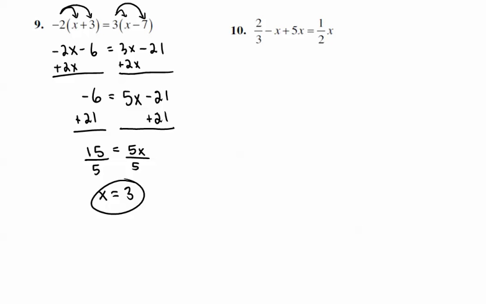But what will clear all the fractions out the first time is multiplying both sides by the least common denominator, which in this case is 6. So what I'm going to do then is multiply both sides of the equation by 6.